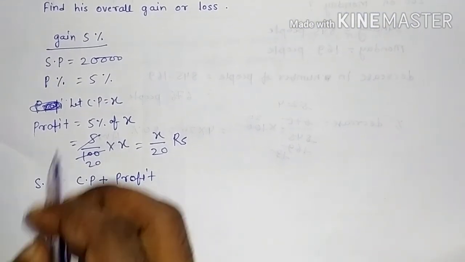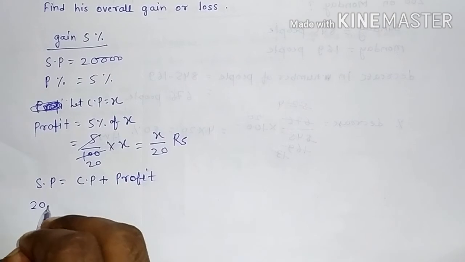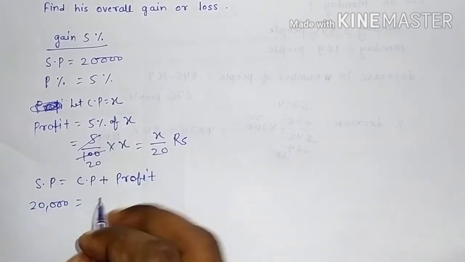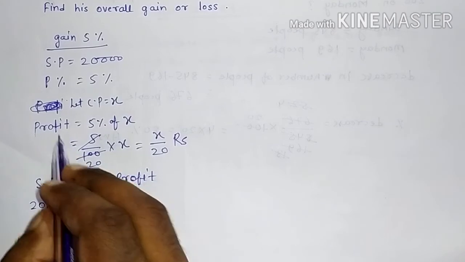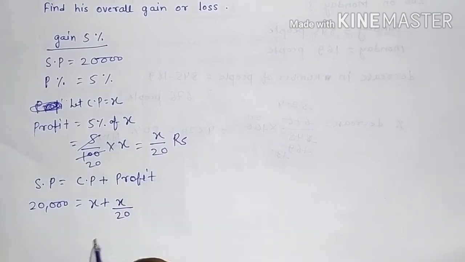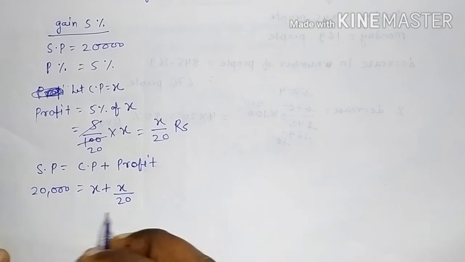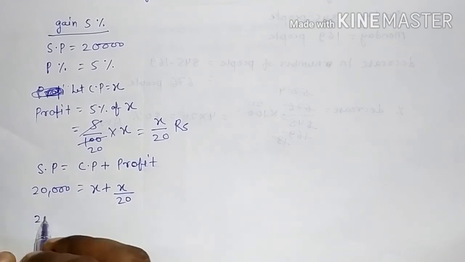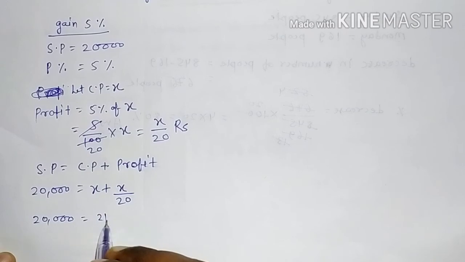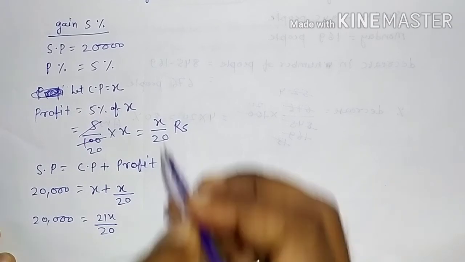So SP is given here, 20,000. So just put the value. So CP equals X plus profit, which is X upon 20. Now just simplify it. So 20,000 equals 20x plus x, that is 21x upon 20.